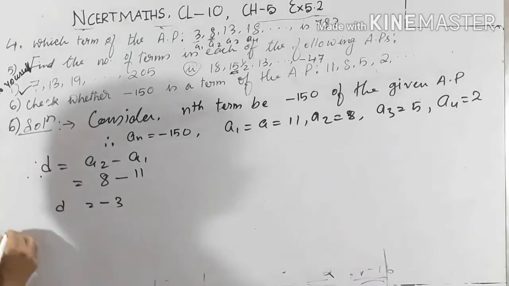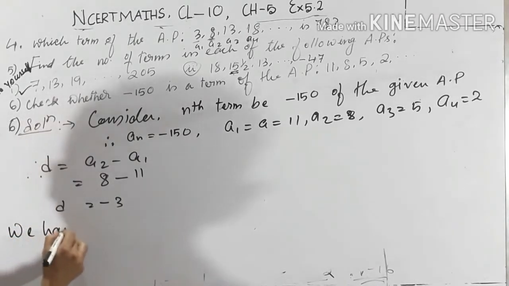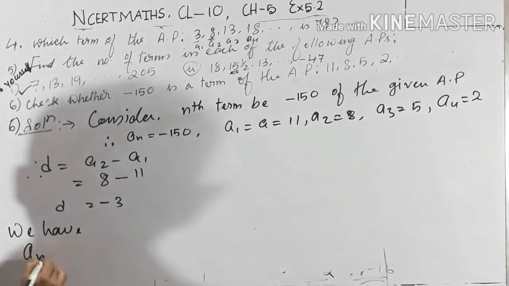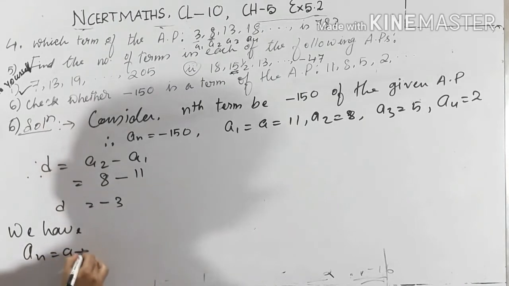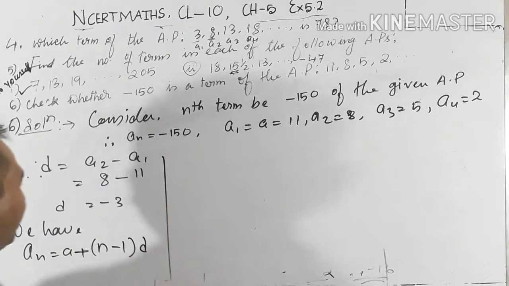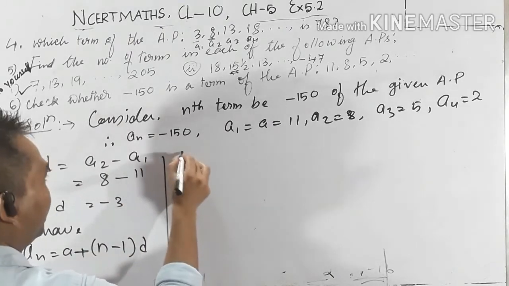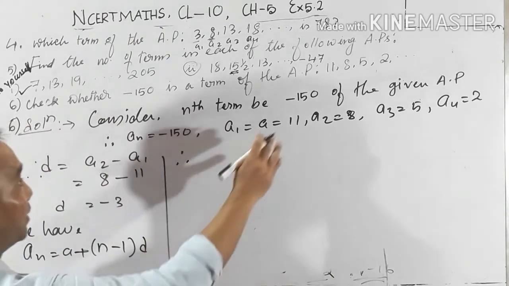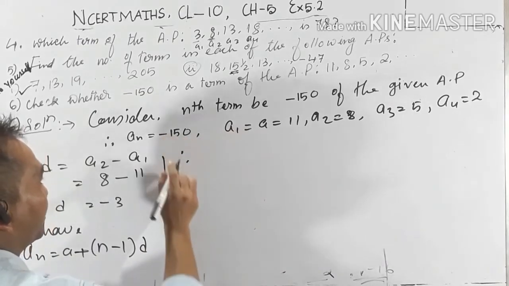Okay, fine. What do we have? The nth term is given by a plus (n minus 1) times d. Therefore, the nth term, we assume, is minus 150.